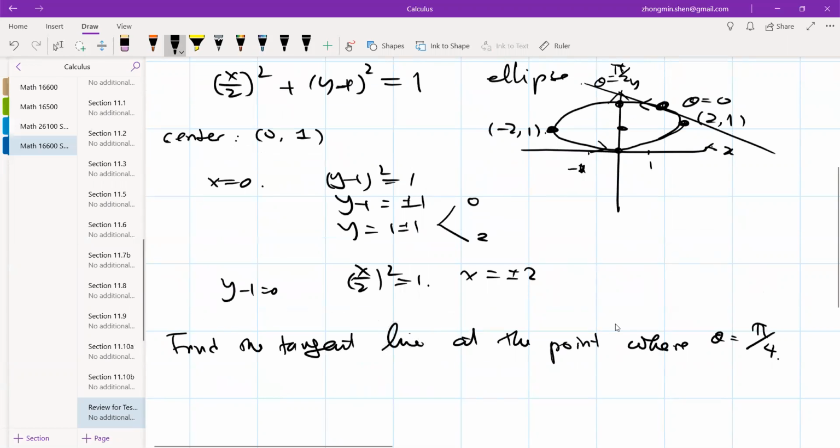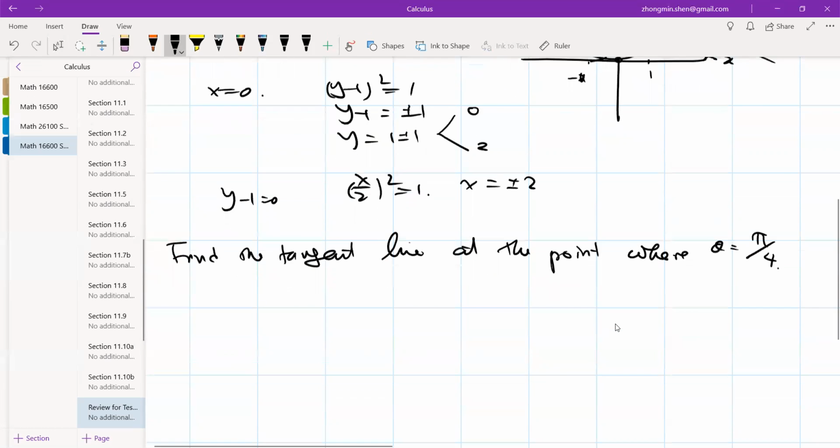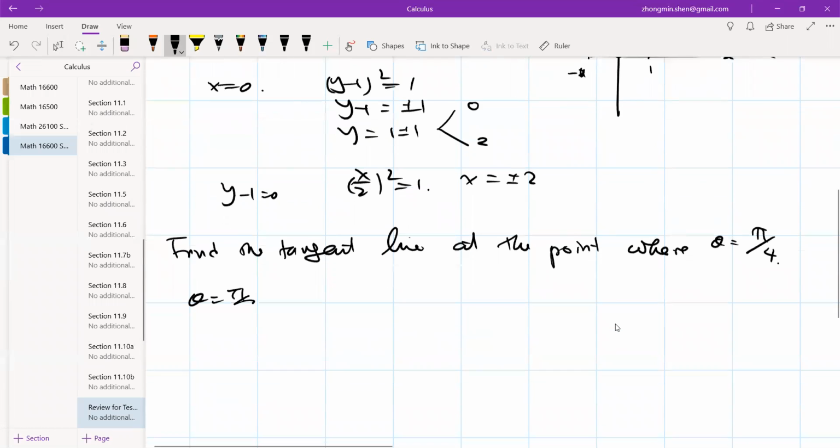So you have to find that point first. When theta equals pi over 4, x is going to be 2 cosine pi over 4, which is square root 2.